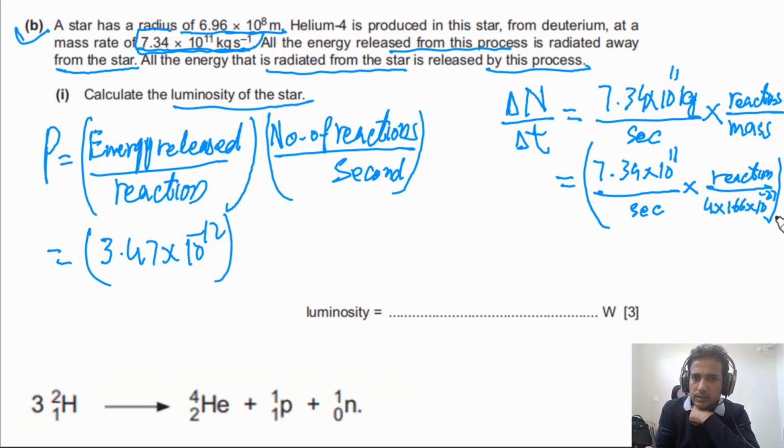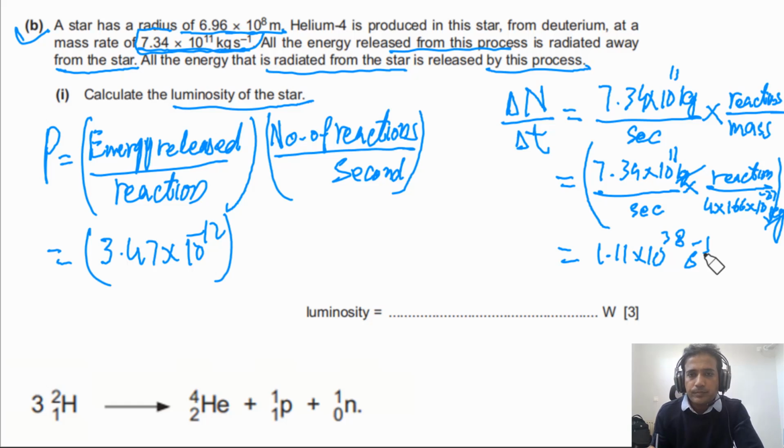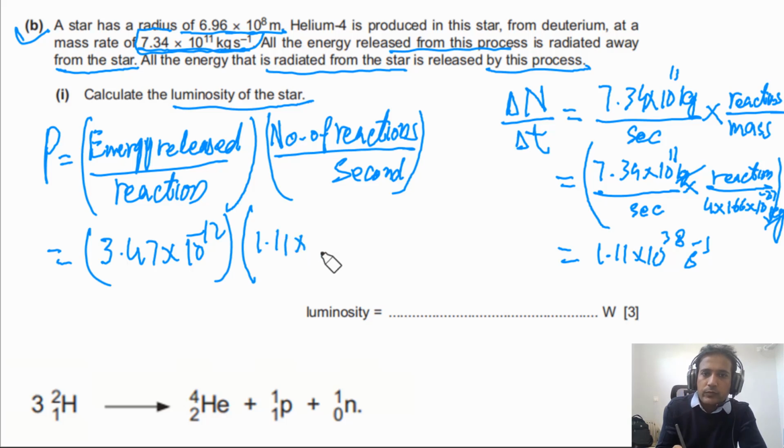So this is kg per second, and this is also in kg, so kg cancel. You can see reactions per second we can figure out from here. Now if we solve this one, we will get 1.11 times 10 to 38 per second. So these are the number of reactions per second.